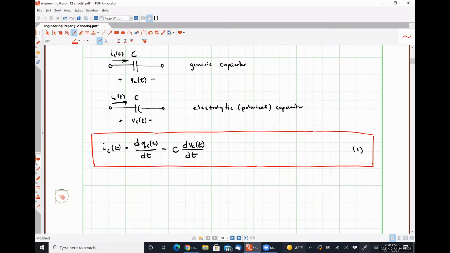The first one is, does this equation look familiar? Let's start there. Yes, it looks like the voltage equation for an inductor. In fact, if you replace I and V and L and C, you will find that all of the relationships that we derived on Friday are going to show up again today.